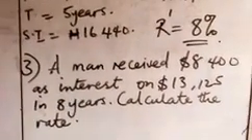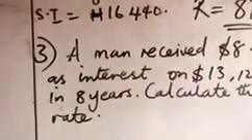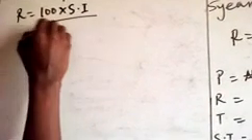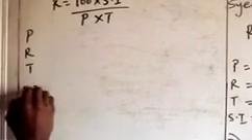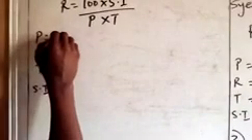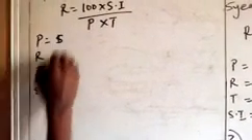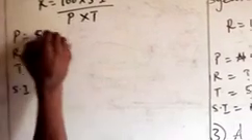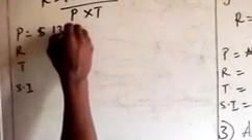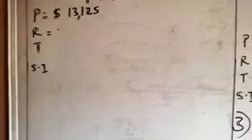We'll start with the formula first. Rate equals 100 times simple interest over principal times time. Our principal here is, we're working on dollars, 13,125.